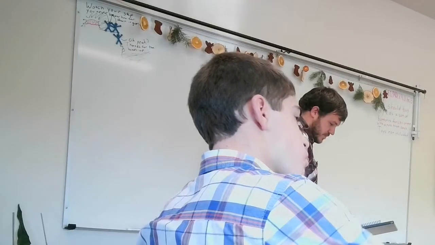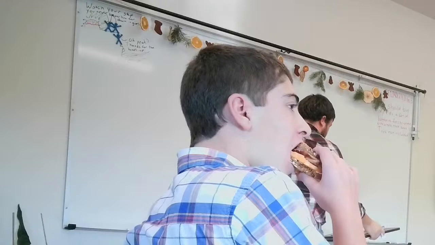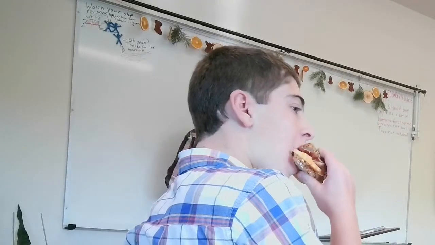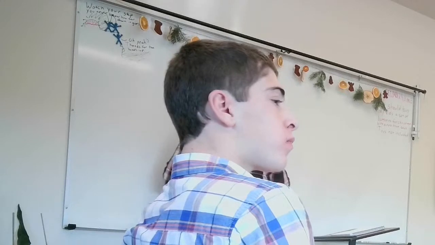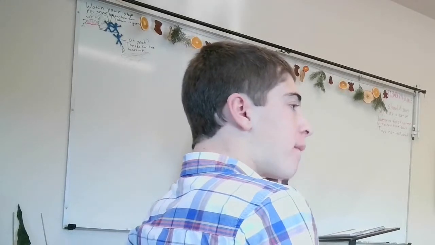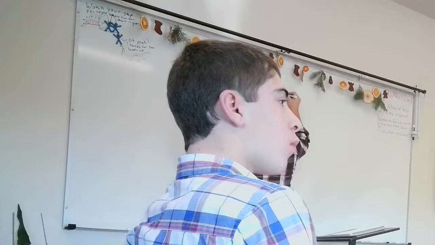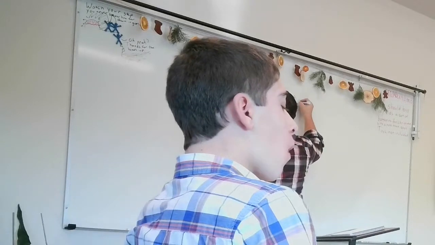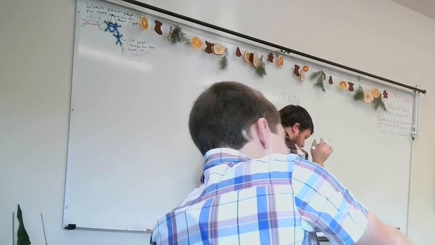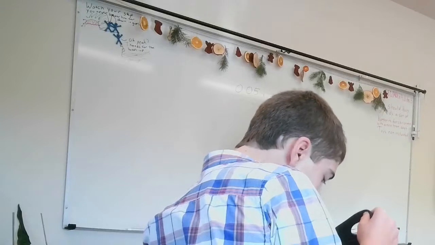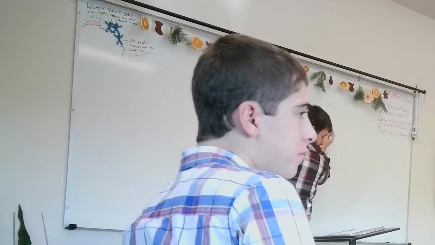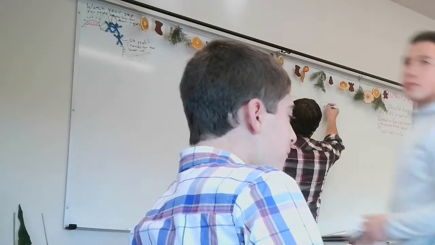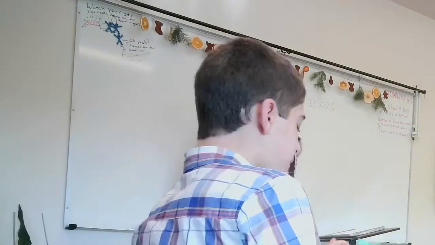They never get a parentheses before. It shouldn't matter. 0.05x plus 0.10x minus 3 equals 0.75.